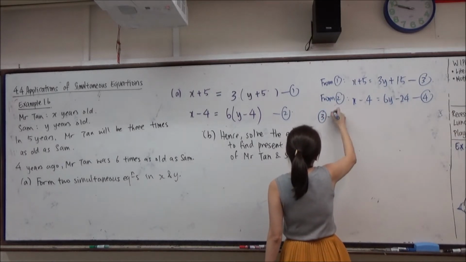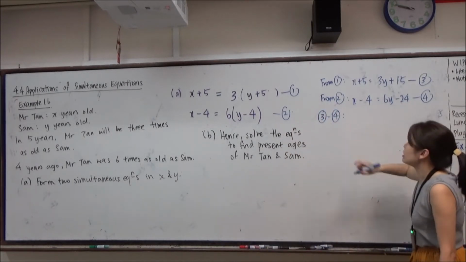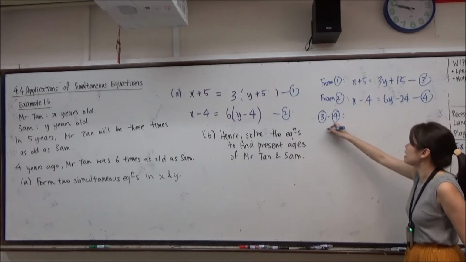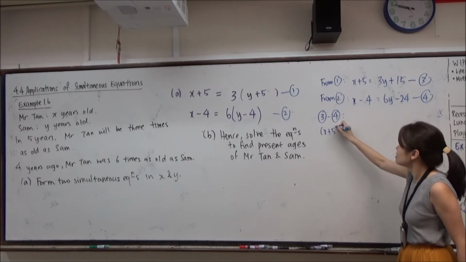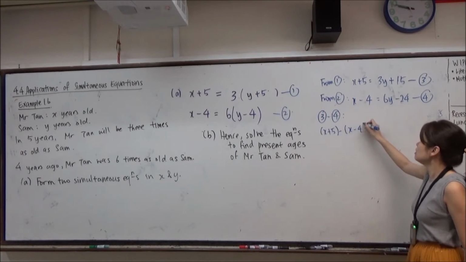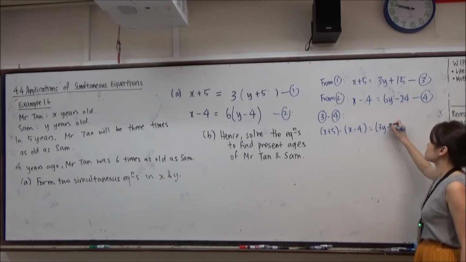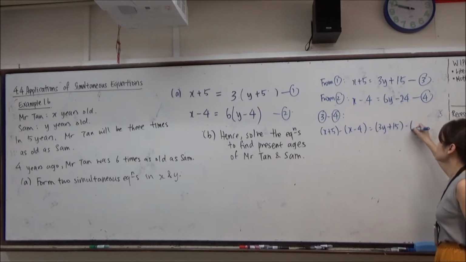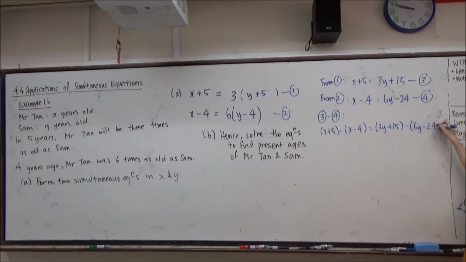So yes, okay, we can take equation 3 minus equation 4, and that will mean that it is x plus 5 minus away x minus 4 equals to 3y plus 15 minus away 6y minus 24. Okay, so in this thing itself, I am also doing the elimination method, but I didn't really go and rearrange the terms to put algebra on the left side and numbers on the right side, because that doesn't really matter.